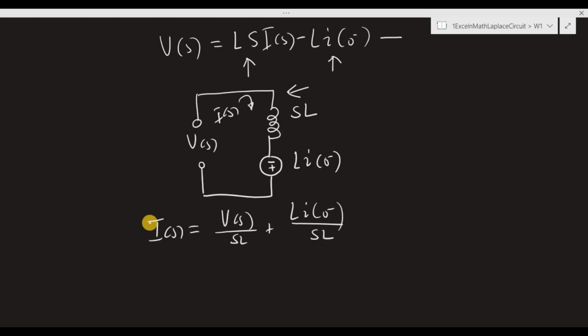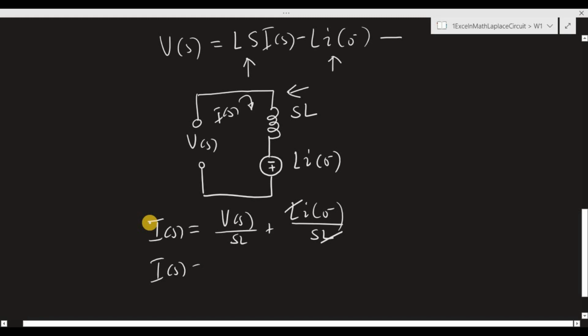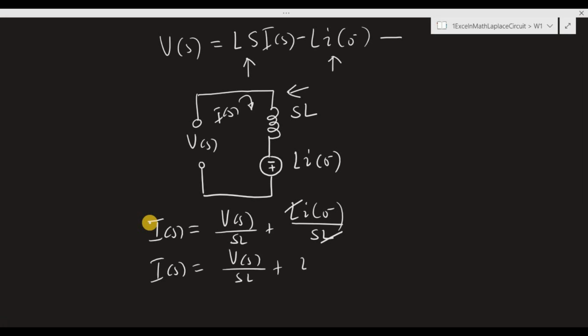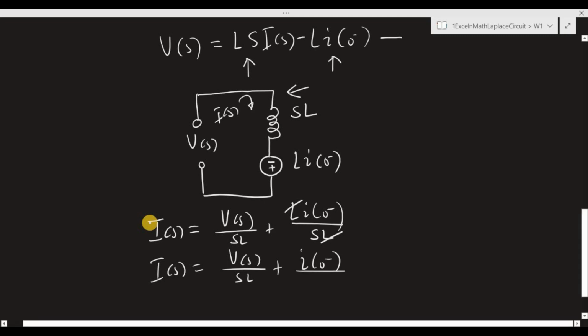Now the inductance in the numerator and the denominator cancel out, so I of S equals V of S over SL plus I0 minus over S.